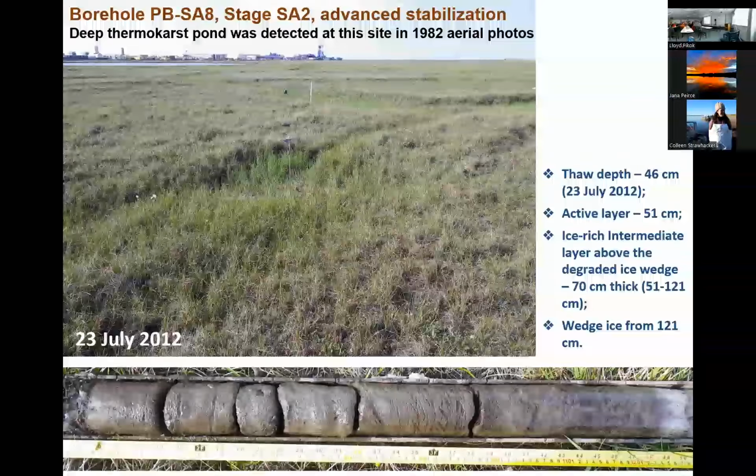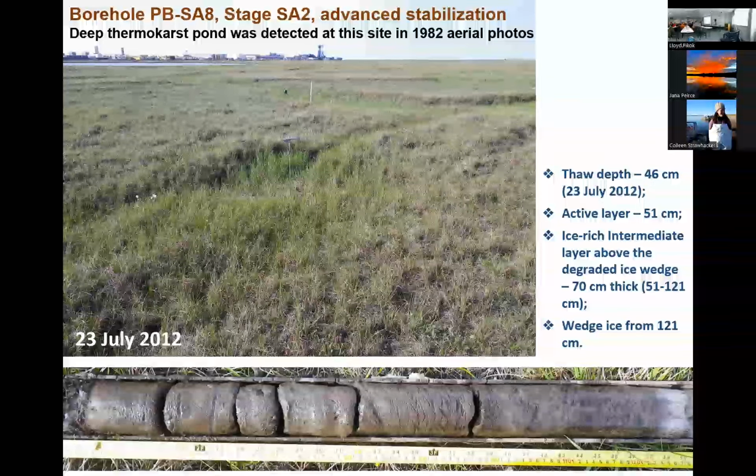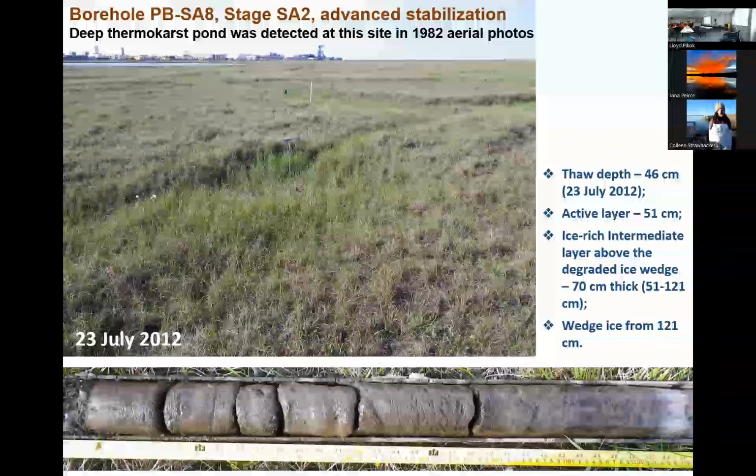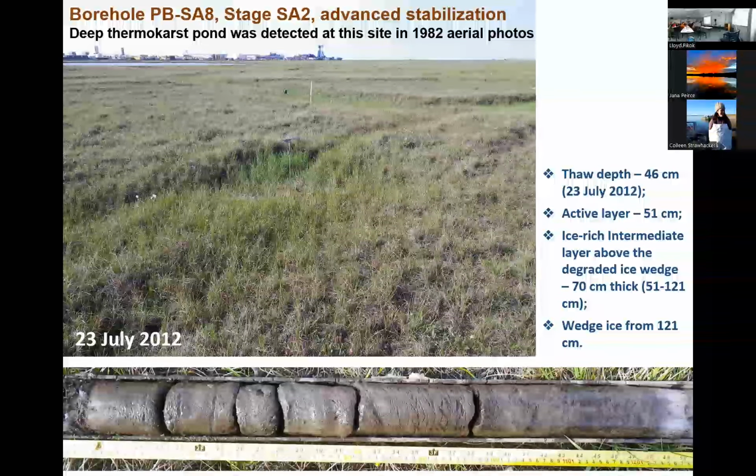Another example of advanced stabilization of an ice wedge. On the old air photos, we could see a rather big thermokarst pond here. But when we drilled at this site in 2012, we found, first of all, that there is no pond here anymore. And the wedge ice was encountered at a very significant depth, 1 meter 20 centimeters.